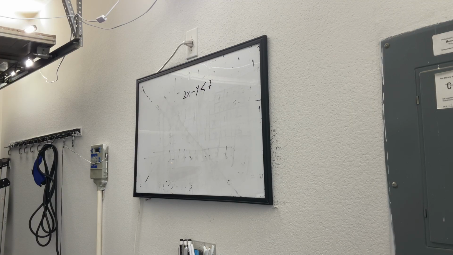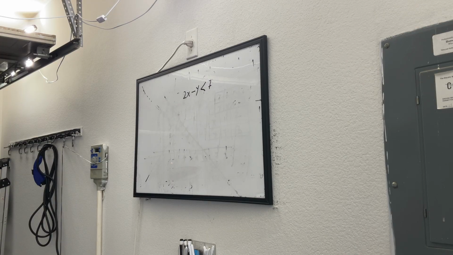You'll always do a check. You'll randomly pick a point. Let's say this point, which is below this one. Let's put 0, 0. x equal to 0, y equal to 0. 0 is less than 7. Yes, this is correct. So then you'll say, okay, it includes the region below this line.